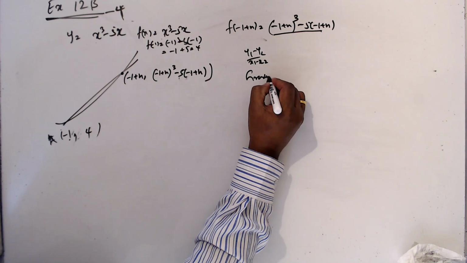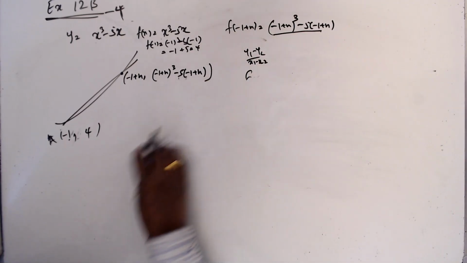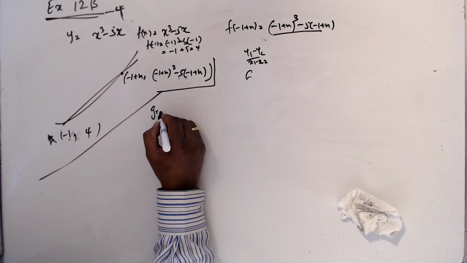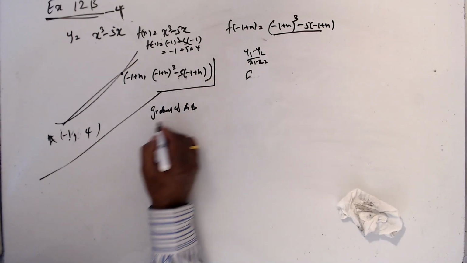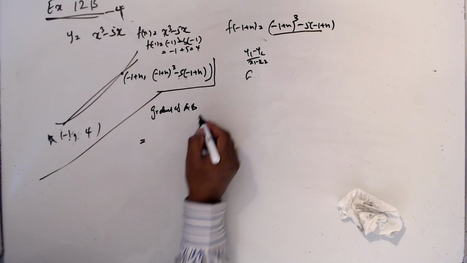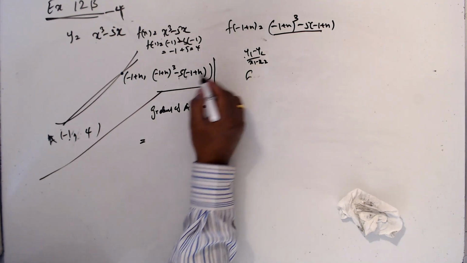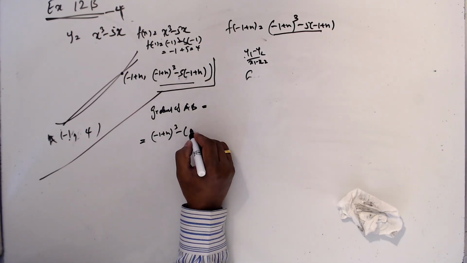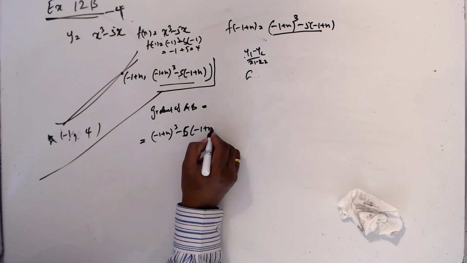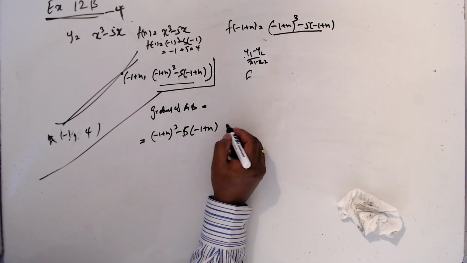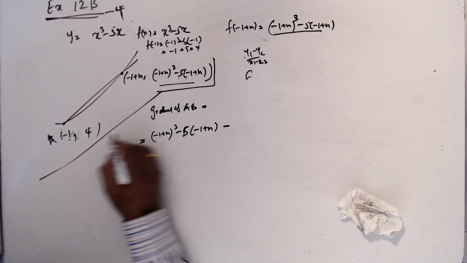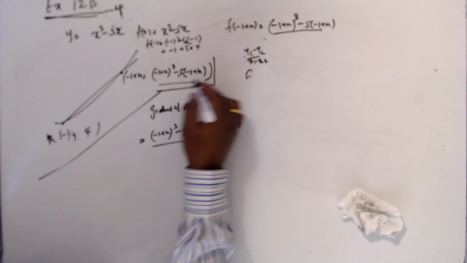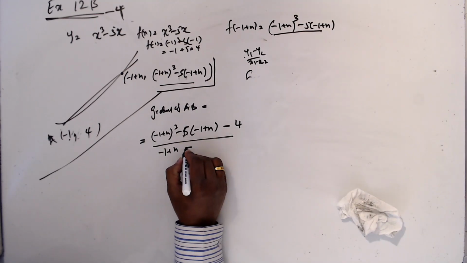So the gradient of AB is y1, this one, (−1 + h)³ − 5 times (−1 + h), minus 4, over x1 − x2, which is (−1 + h) − (−1).